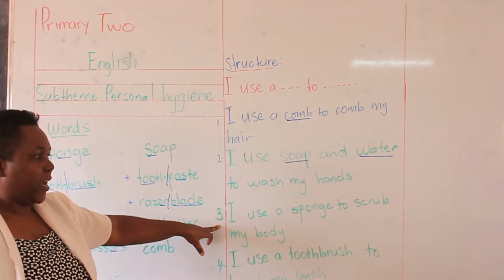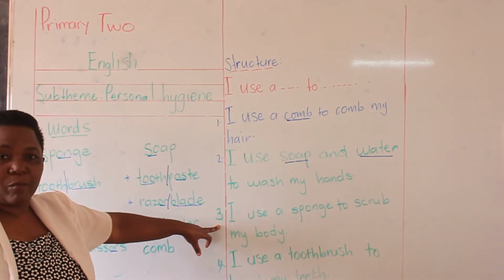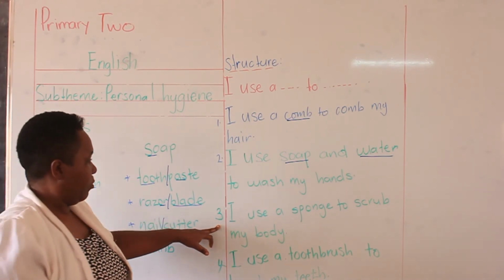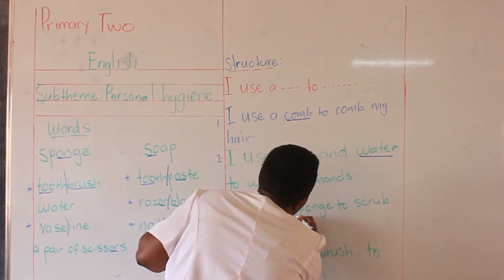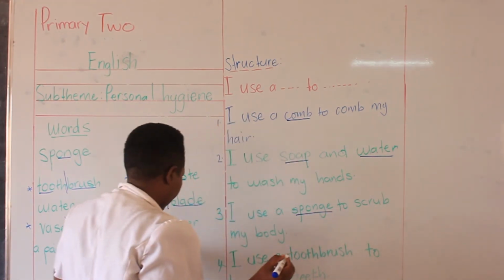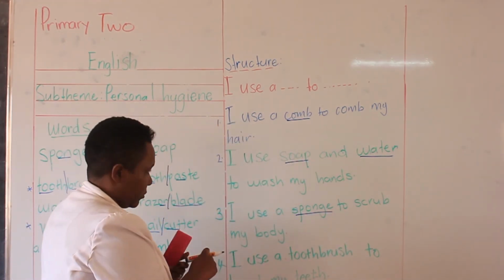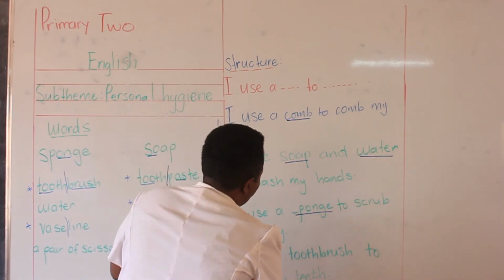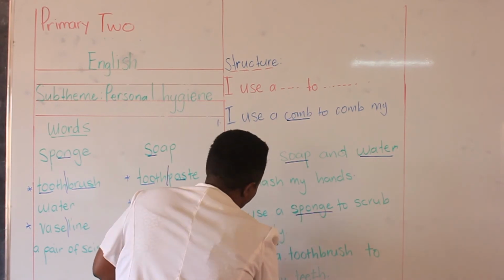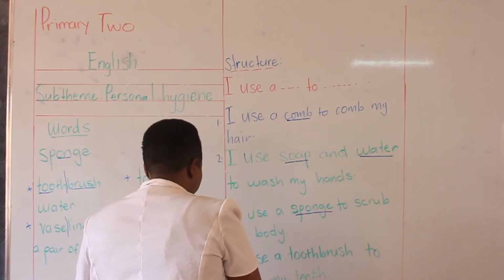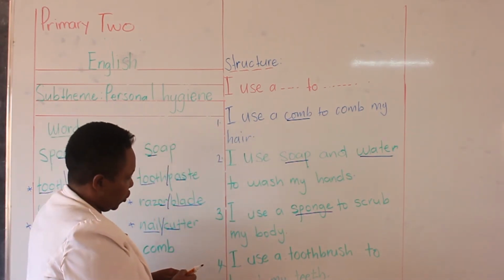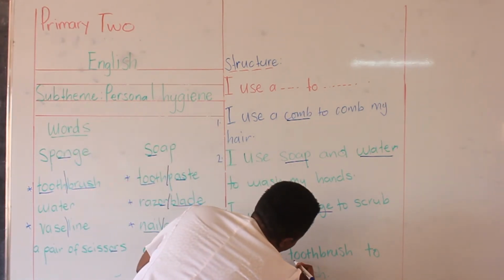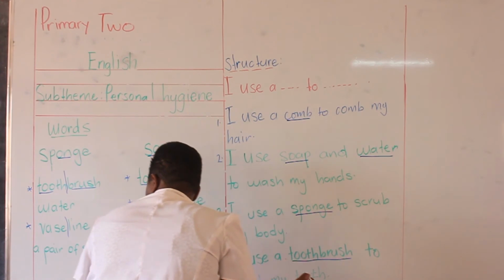Number 3 is I use a sponge to scrub my body. And sentence number 4 says, I use a toothbrush to brush my teeth.